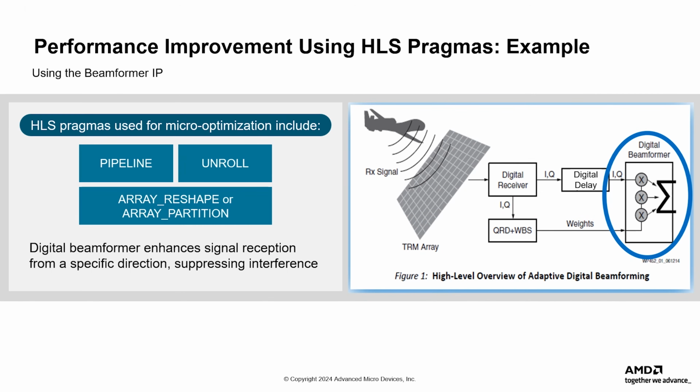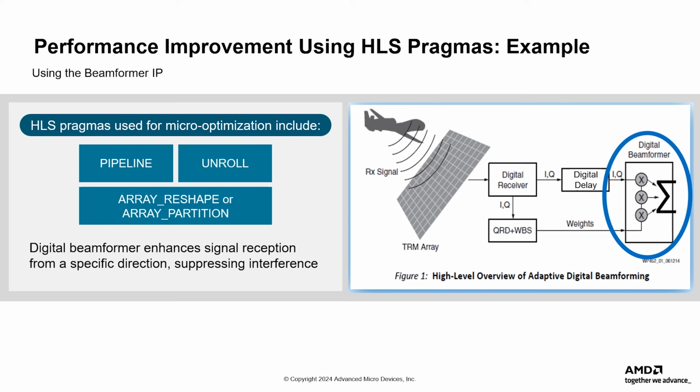Now that we've looked into the HLS Code Analyzer tool, let's see how we can improve performance using HLS pragmas by using an example design. This example, based on the Beamformer IP, demonstrates micro-optimization techniques to boost performance in Vitis HLS designs.